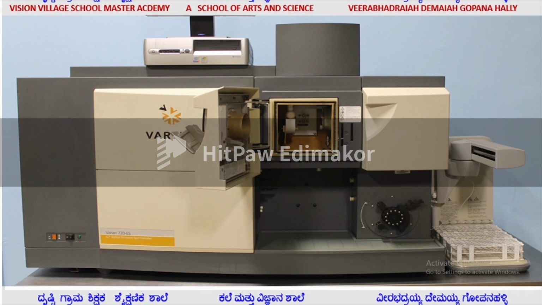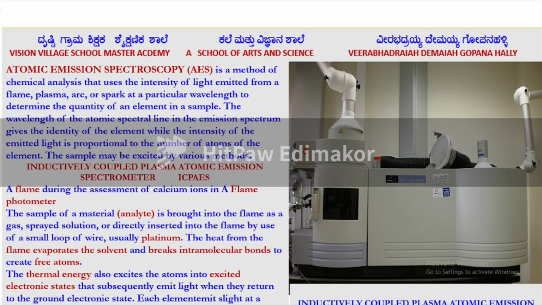So this is another instrument, the atomic absorption spectrophotometer, which we used, and the solution is prepared for that and fed into this instrument. Atomic emission spectroscopy, AES, is another type of sophisticated instrument, which is emission spectroscopy.